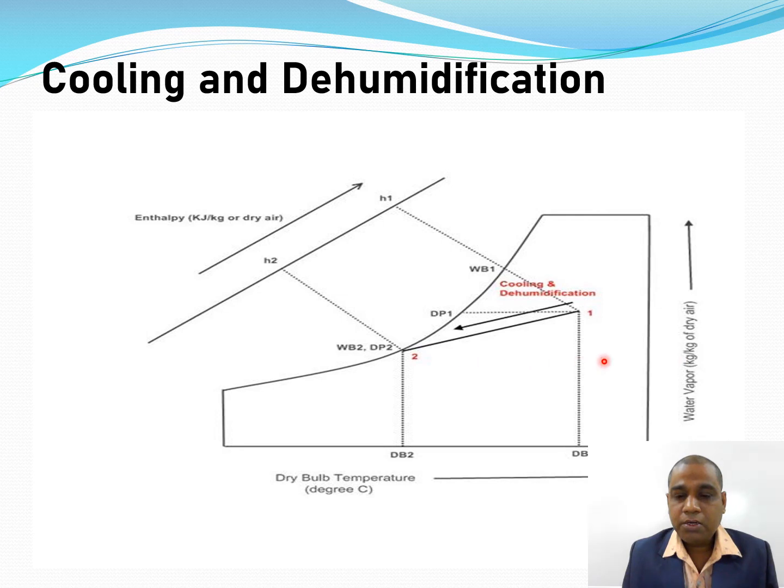If we draw a straight line here, this is W2, and W1 is more than W2. The dry bulb temperature reduces, dB1 is more than dB2, so temperature reduces and humidity also reduces, and the 1 to 2 process is known as cooling and dehumidification.